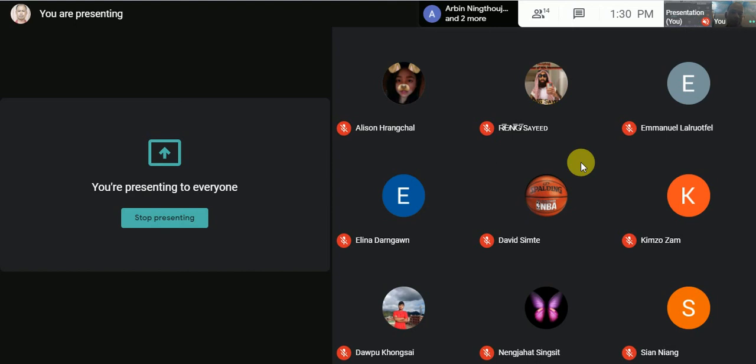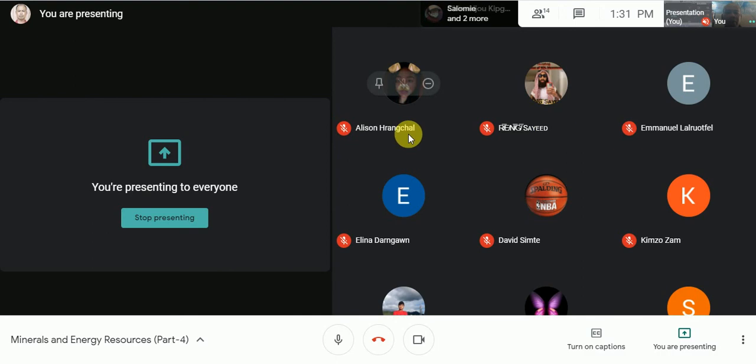Second point, most of the conventional sources of energy cause environmental pollution, whereas non-conventional ones are eco-friendly. So in this way try to find out the differences between conventional and non-conventional sources of energy.